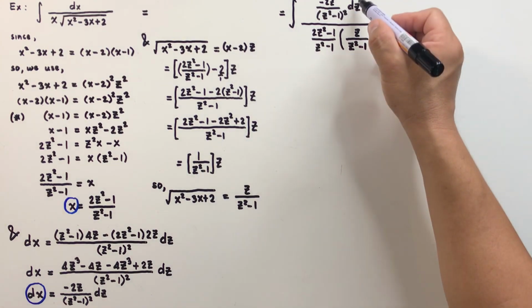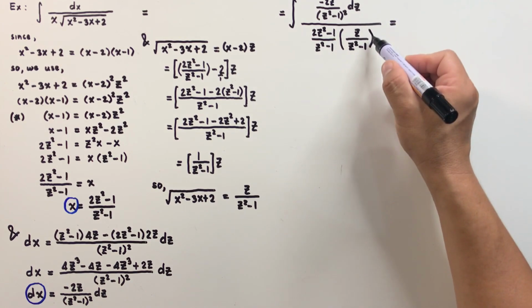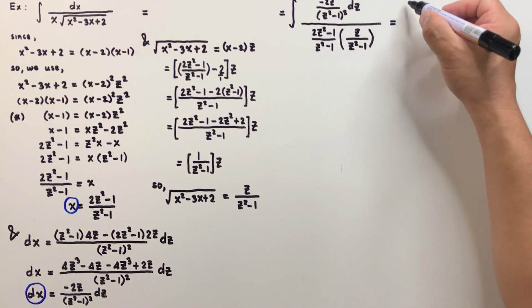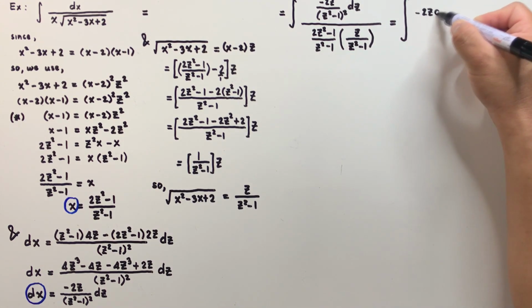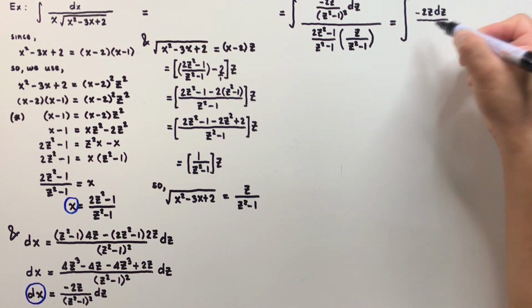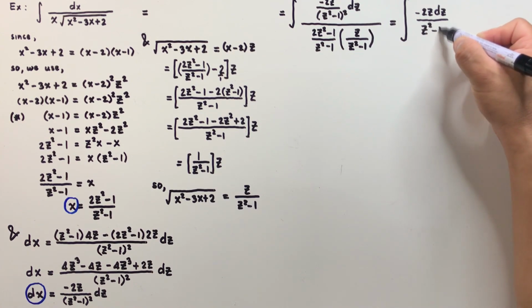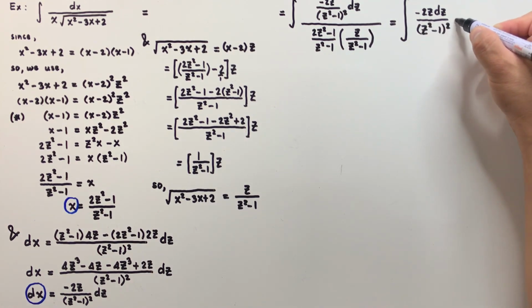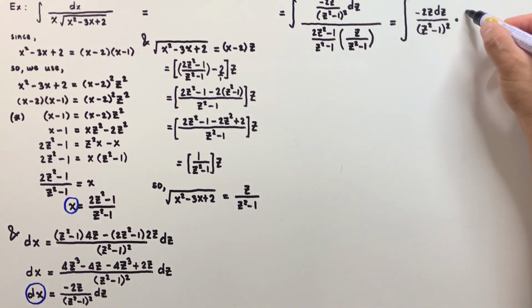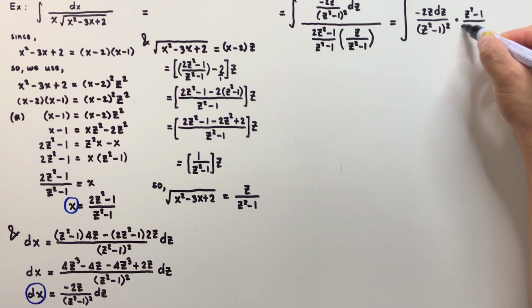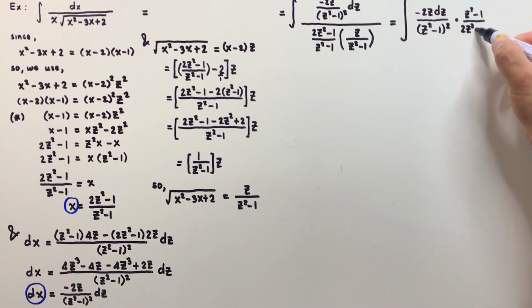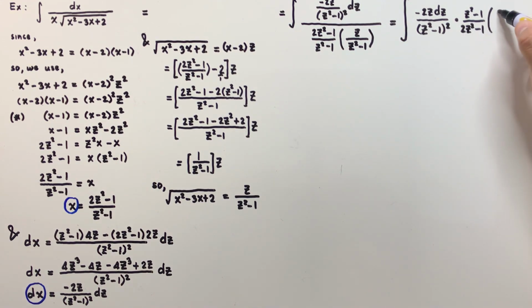So multiplying our fractional numerator by the reciprocal of the denominator, we have the integral of negative 2z dz over z squared minus 1 quantity squared, times the reciprocal of this, which is z squared minus 1 over 2z squared minus 1, times z squared minus 1 over z here.